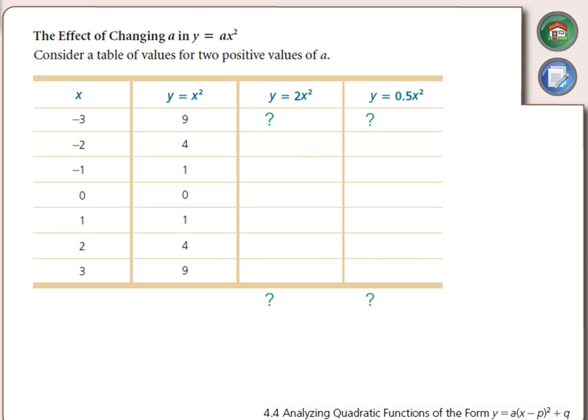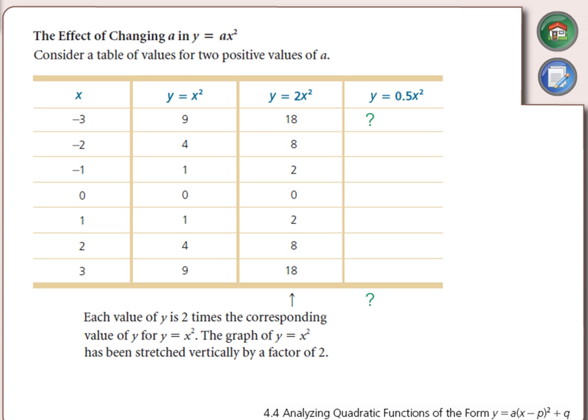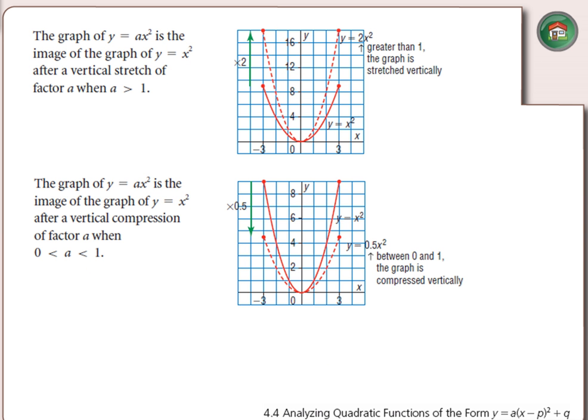Now, if we look at what happens with the a parameter, putting a 2 in front doubles the value. That's going to be a vertical stretch by a factor of 2. That means in the graph, vertically, we're multiplying every point by 2.